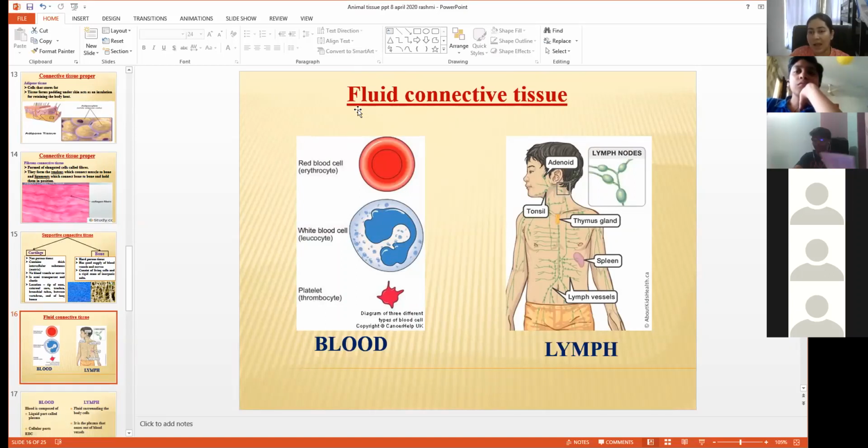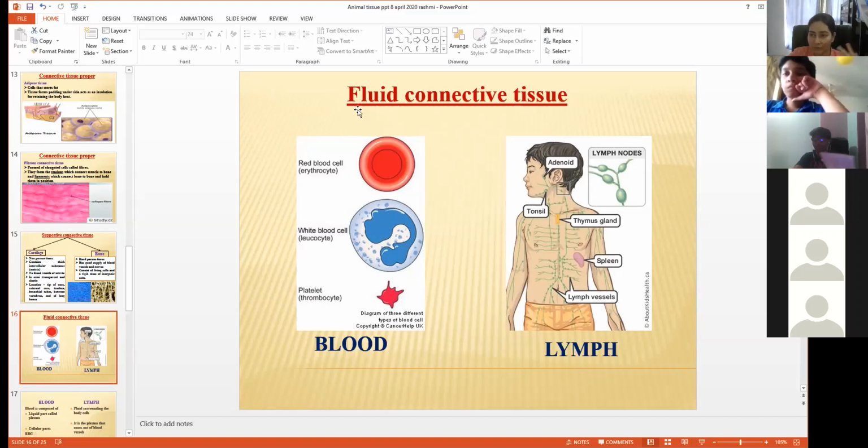It is the blood and it is the lymph. So blood and the lymph form the fluid connective tissue which connects all the organs together, and these are important, first of all, to supply oxygen to the cells, to supply nutrients to the cells, and to help fight the organisms or the bacteria which enter inside the body.